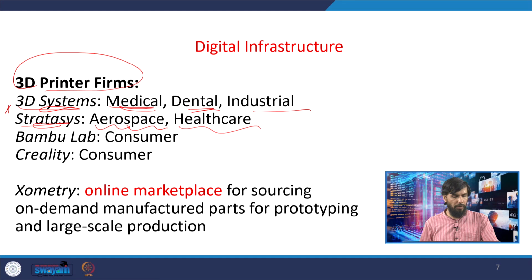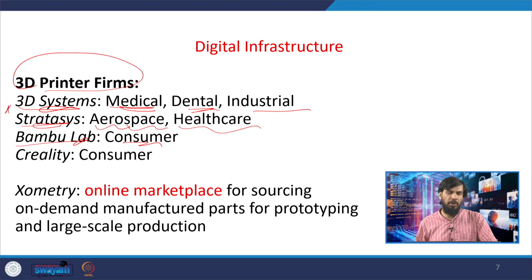And then we have Bamboo Lab, which is focusing on the consumer segment, where lots of consumers might be interested in creating mementos and other artifacts for gifts, for distributing during various events. So they would like their custom artifacts to be 3D printed.